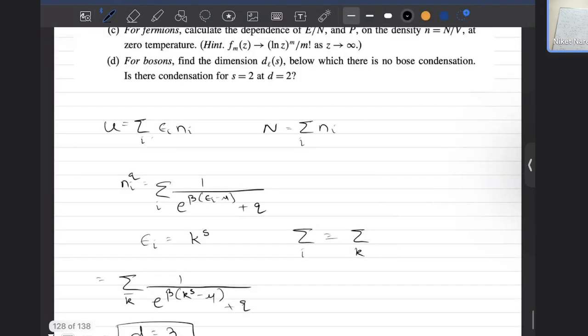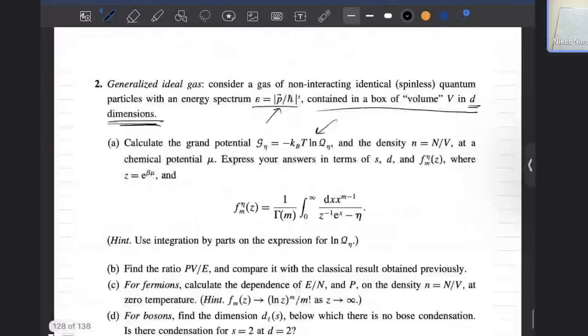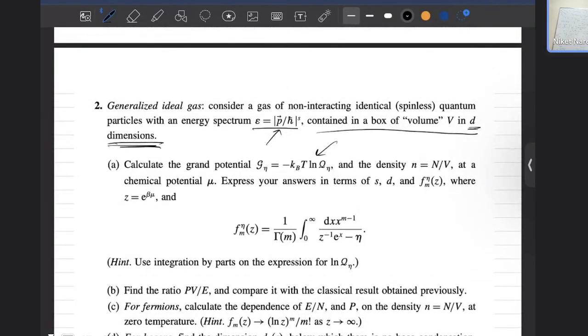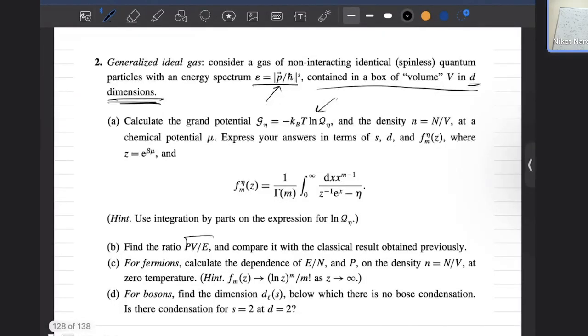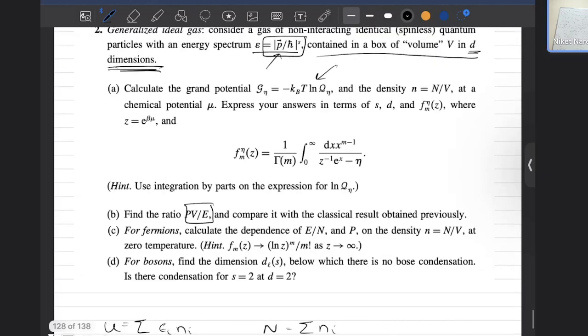I hope the motivation is clear. What we want to do is, for this kind of an energy spectrum, I want to find this ratio PV by E, which comes out to be 2 by 3 in the classical case. We want to find it in the case when the energy dispersion is k raised to power s. The energy dispersion is of this form. We want to find this ratio and we'll think about the other parts later. Let's first evaluate this.